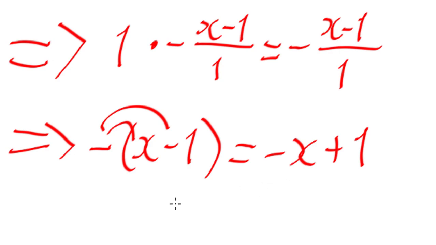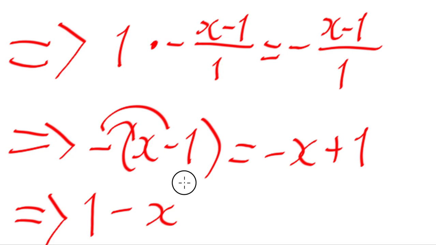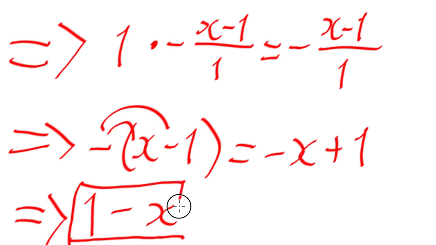Though it's okay, it's proper to make the first term positive. So since 1 is positive, let's make it 1 minus x. Okay, so this is our answer for our complex fraction second example. So 1 minus x. This is our answer.